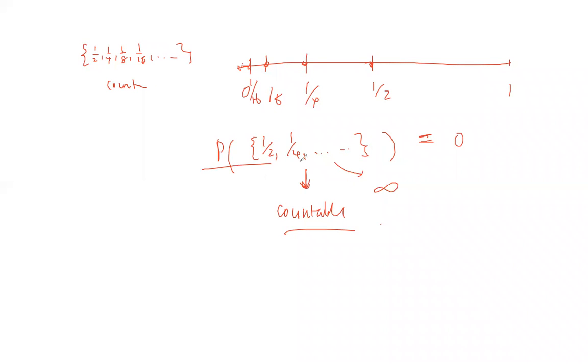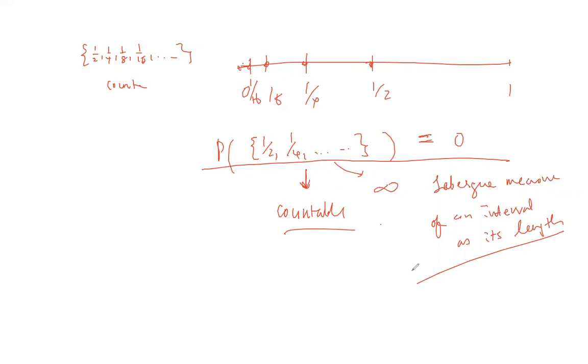So this is more like a consequence of you defining the Lebesgue measure of an interval as its length. So you don't have to invent any ad hoc explanation, other than the fact that this is just a consequence of how we define the Lebesgue measure of an interval.